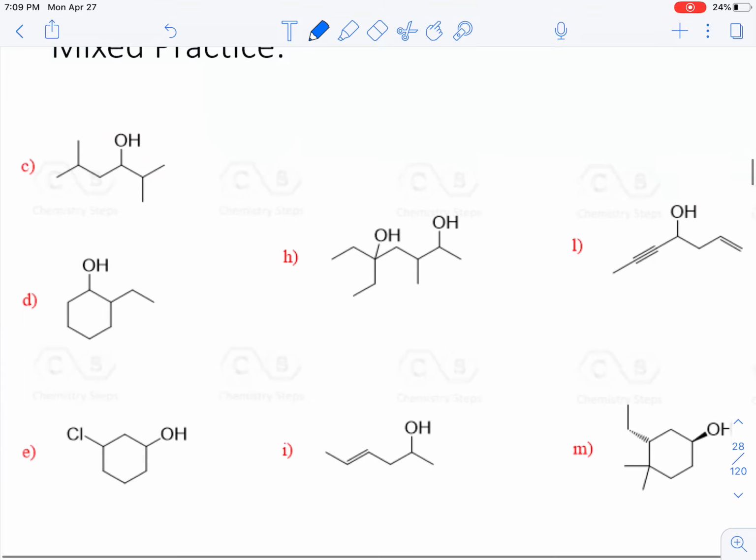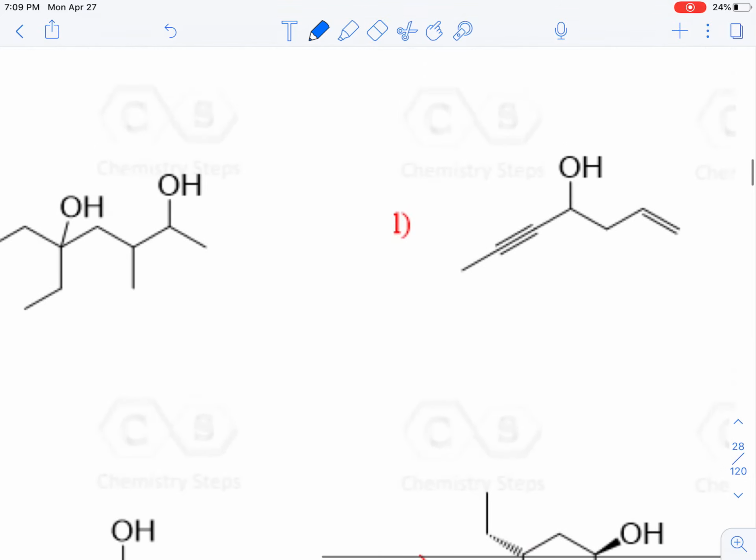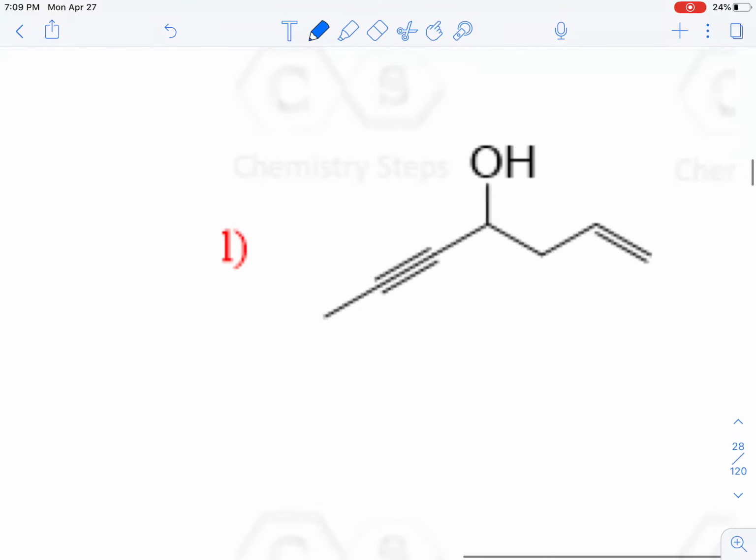Let me zoom in. Okay. And so how do we name a substance that has all three of these key features, the triple bond and alcohol and double bond?